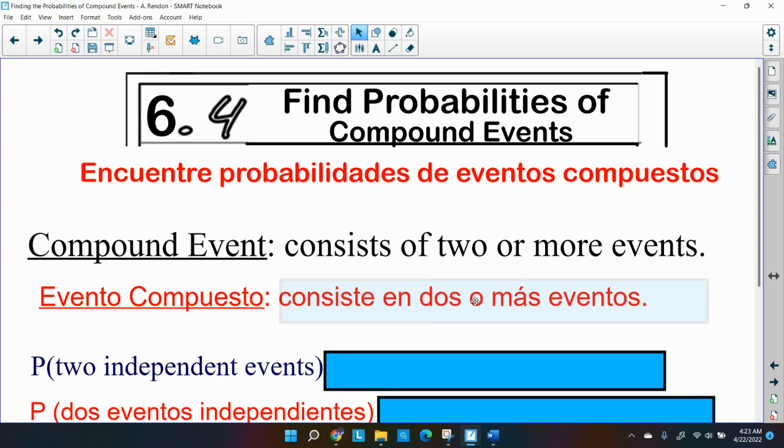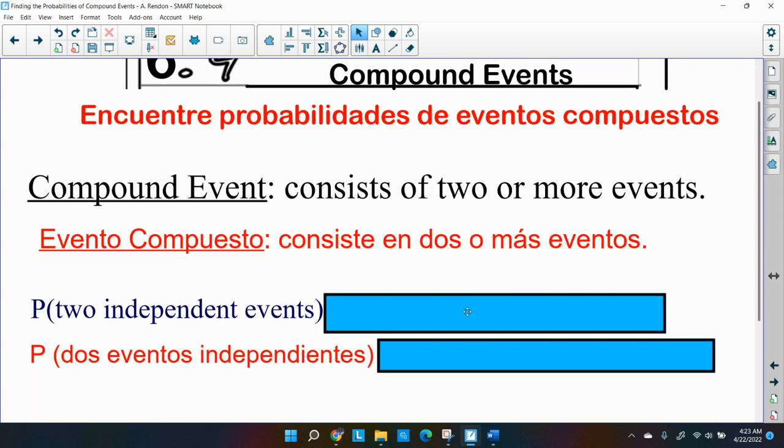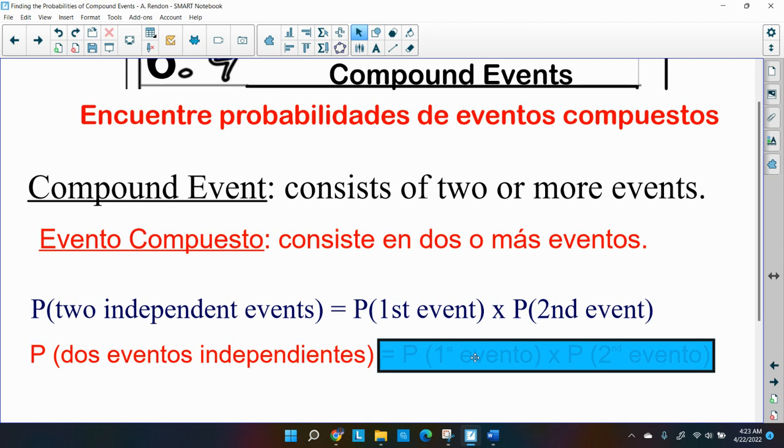And when we're talking about compound events, we're talking about doing more than one item, more than one event, or more than one activity at a time. Compound events consist of 2 or more events. So here's something you should know.